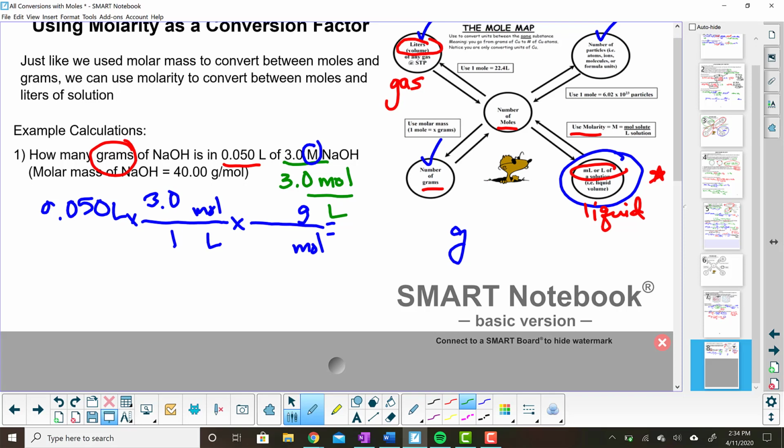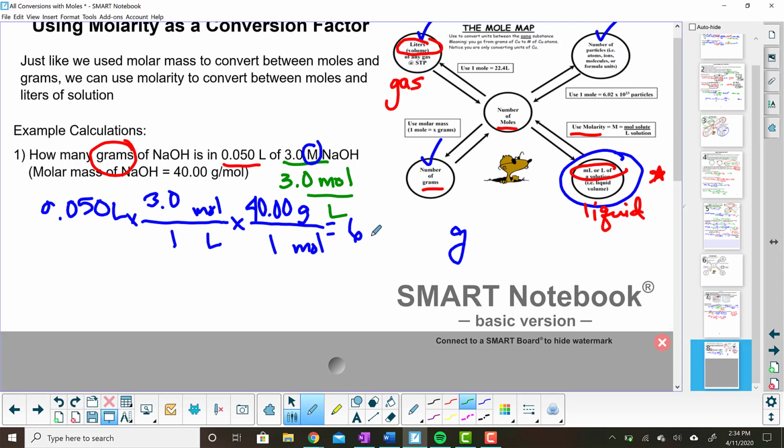And that second conversion factor, grams and moles, we already know that means molar mass, and the problem gave it to us, so I'm just going to plug in 40.00 grams, and that's in 1 mole. So now I have all my conversion factors plugged in. I just need to calculate this out. So we're going to multiply across the top, divide by anything in the bottom. So our final answer is going to be 6 grams.